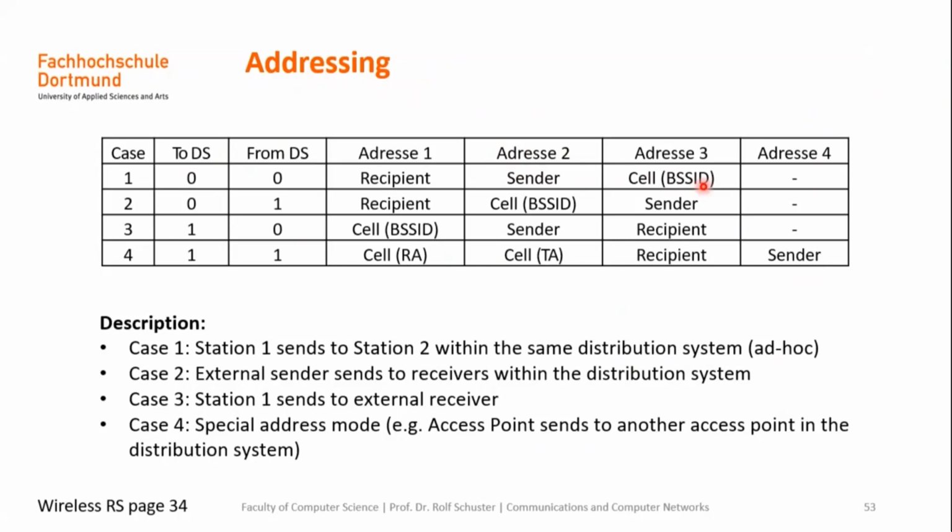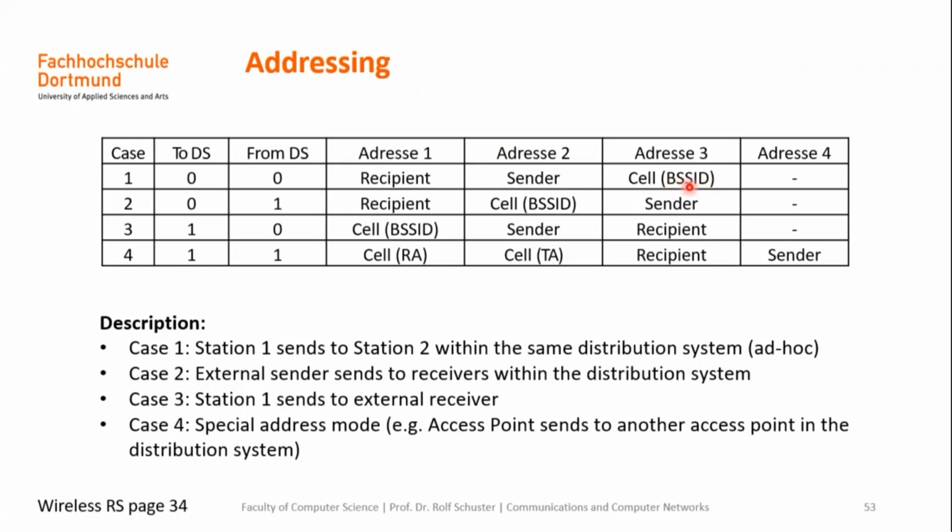But in this case, once the stations are authenticated and admitted by the access point, typically the protocol uses the basic service set ID that is in fact a 48-bit long MAC address.